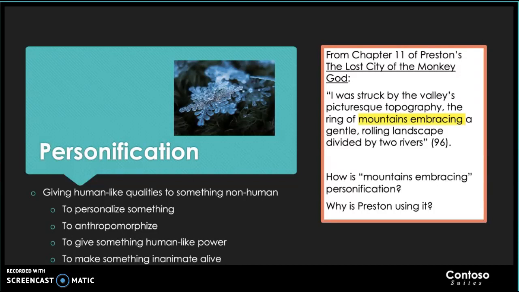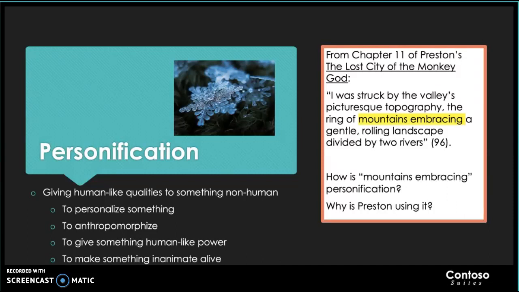"I was struck by the valley's picturesque topography, the ring of mountains embracing a gentle, rolling landscape divided by two rivers." We know that mountains cannot give anybody a hug, but in this instance, we can see how the mountains kind of are around that gentle, rolling landscape, and you can see how it would look like it would be embracing it. So that is why he decided to use personification.